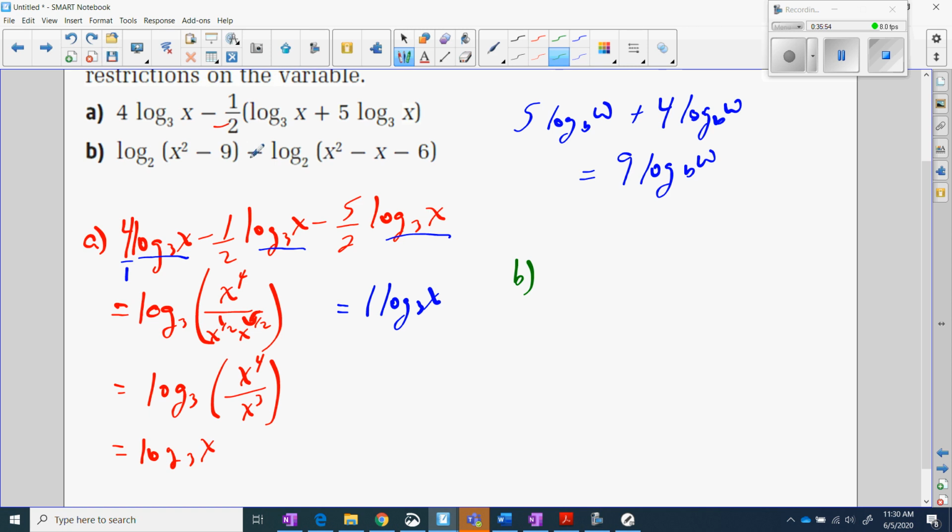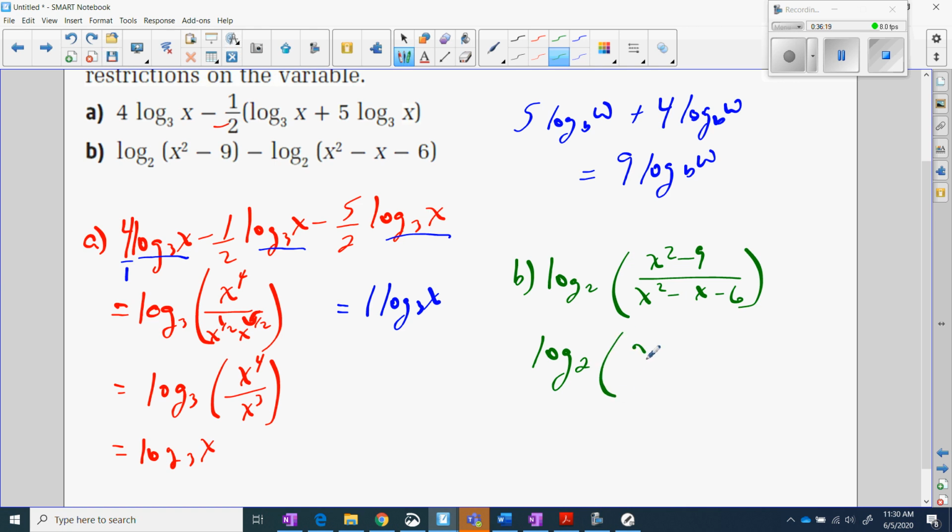So what I should do here instead is notice that I've got log base 2 with a subtraction in between them. I can write that as a single log. Base 2 of x squared minus 9, with the subtraction going to the denominator. And then just try to simplify this expression if you can. Hopefully you're competent enough in your factoring to see there's obvious factoring here.